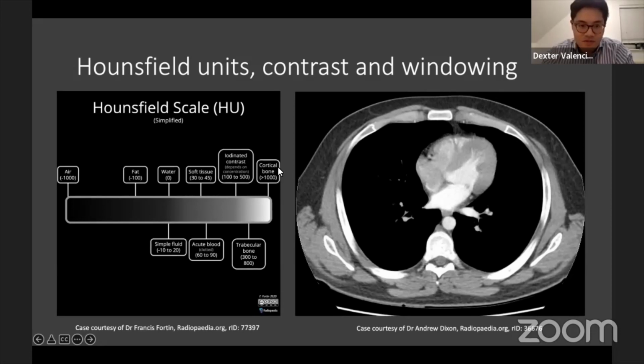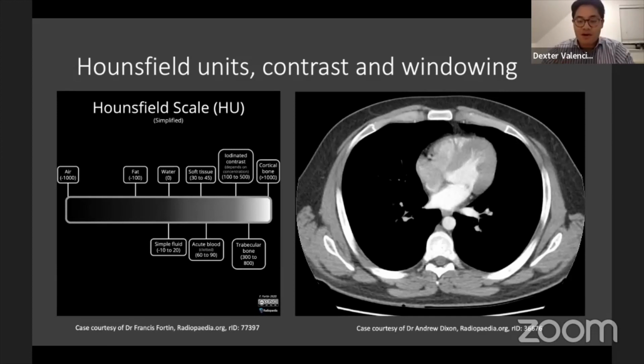If we go to this end of the scale, we've got cortical bone. If we take the scapula, you can see it's a lot brighter than the muscles next to it. It's very dense, and that's why it's such a high value on the Hounsfield scale.